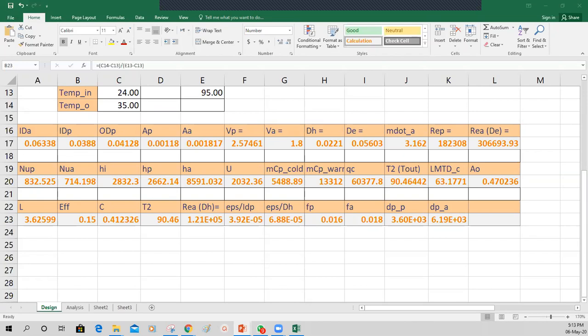Effectiveness. Second number. Yeah, effectiveness for double pipe, one for parallel and one for counterflow. Okay, so you need to calculate C and N. What is C?